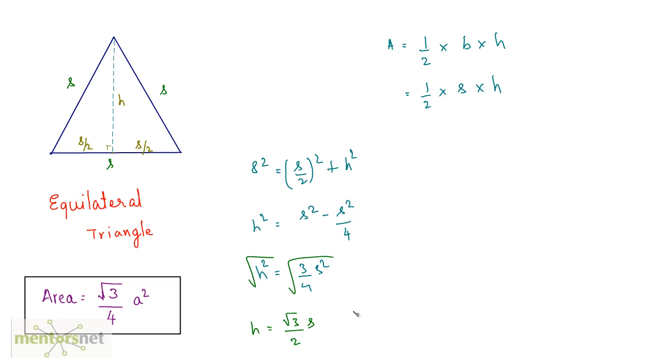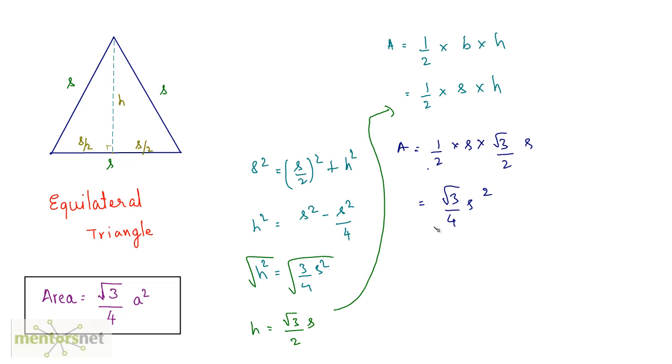Now put this value of h in this equation. So area is equals to half of s times root 3 by 2 s. So we have root 3 by 4 s square as the area. So this is how we got this formula.